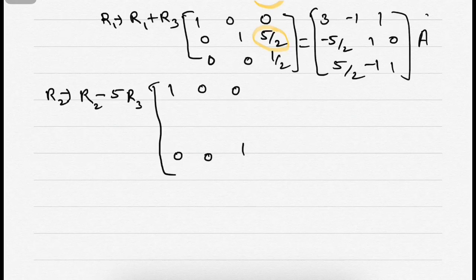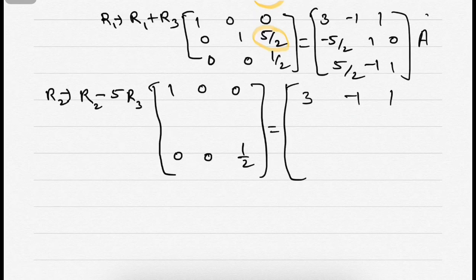R3 is 0, 0, 1 by 2. On the right hand side also, 3 minus 1, 1, and 5 by 2 minus 1, 1. Second row is R2 minus 5R3. So there is no change here, no change here also, and here it will become 0.